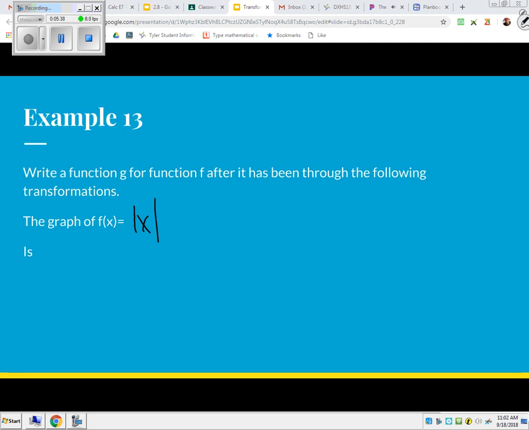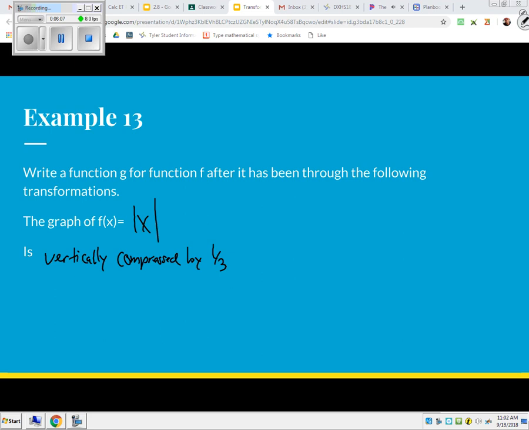Let's do a, it's going to be vertically compressed by 1/3, reflected over the, let's not do a reflection.